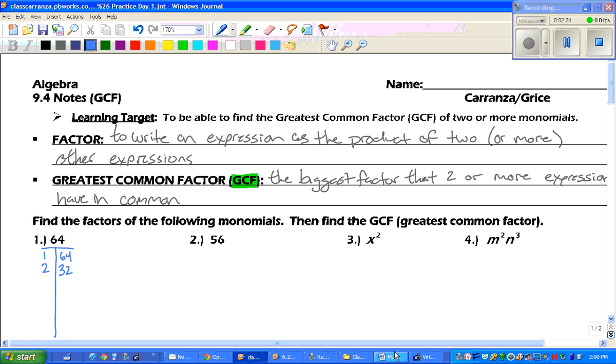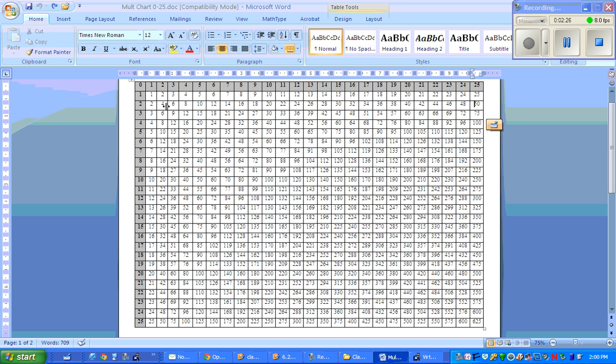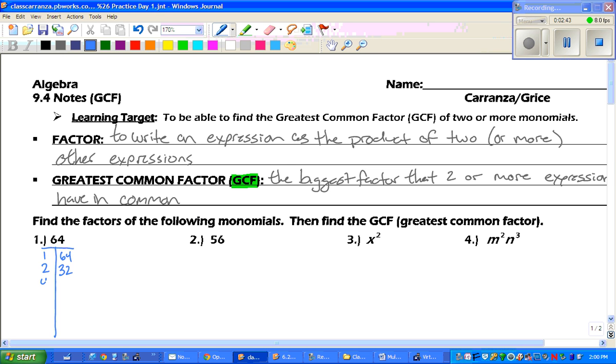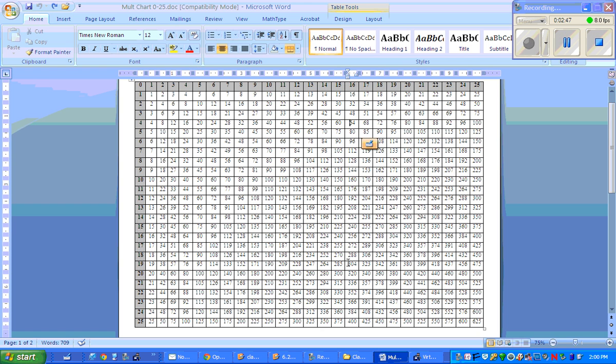Now, does 3 go into 64? I'm going to look all the way across. It gets close right here, but it's not there. So 3 doesn't. What about 4? There it is, 4 and 16. Does 5 go into it? Does 6?